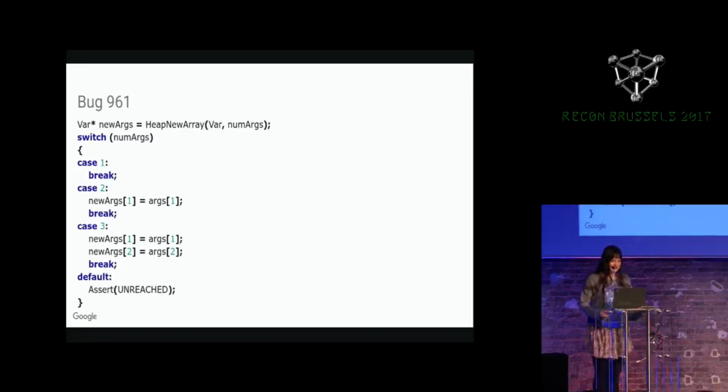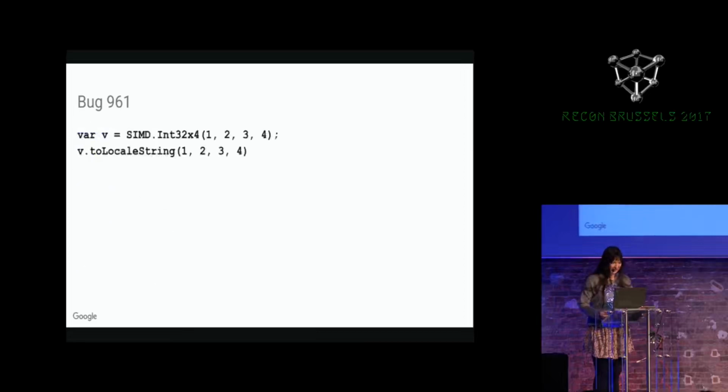So this is just a simple uninitialized variable. If you have 1, 2, or 3 args, it does the right thing. If you have more args, it just falls through and doesn't initialize it. And this was also wonderfully tweetable. Very easy bug to reproduce.